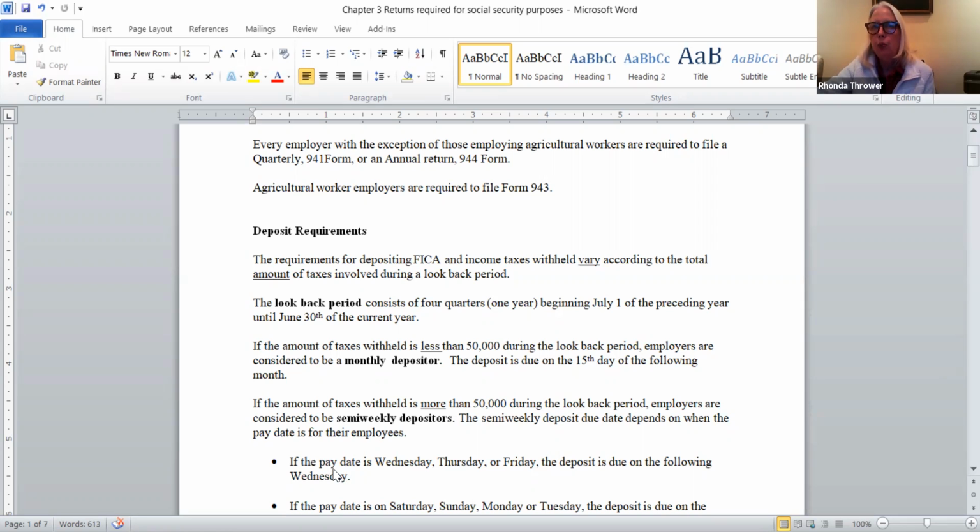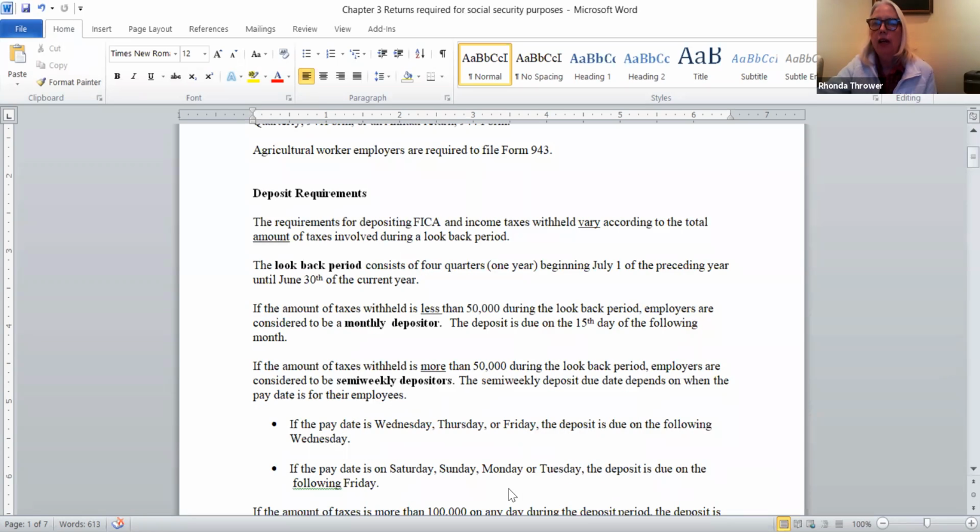So if you pay your employees on the pay days of Wednesday, Thursday, or Friday, the deposit is going to be due on the following Wednesday. If the pay date is on Saturday, Sunday, Monday, or Tuesday, the deposit will be due on the following Friday.